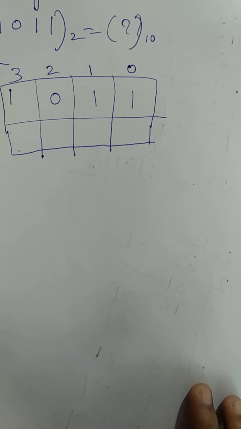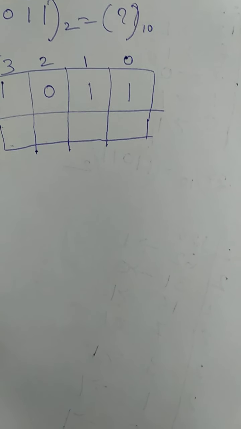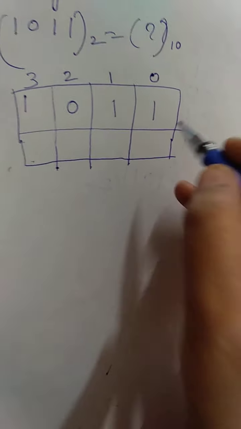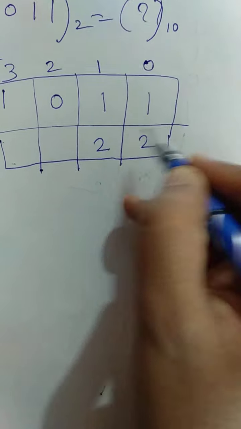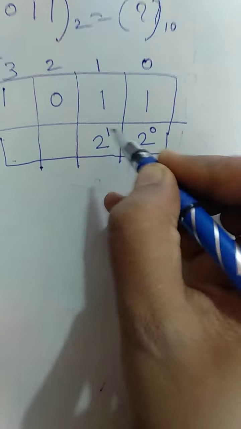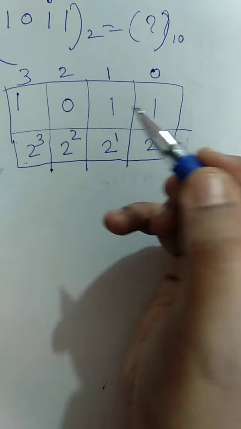As I said, the base is 2. Along with the base value, it has the weightage values: 2 raised to 0, 2 raised to 1, 2 raised to 2, 2 raised to 3.